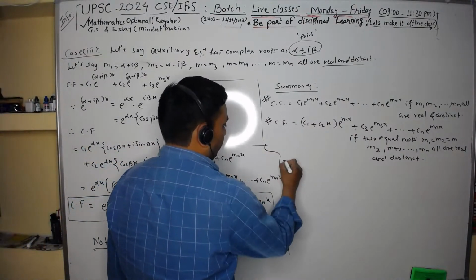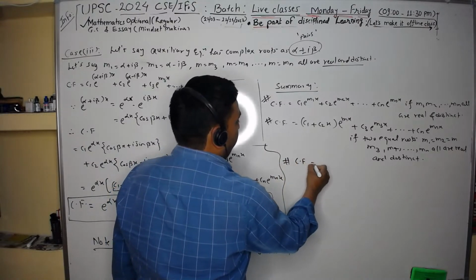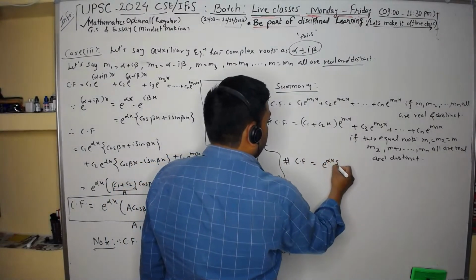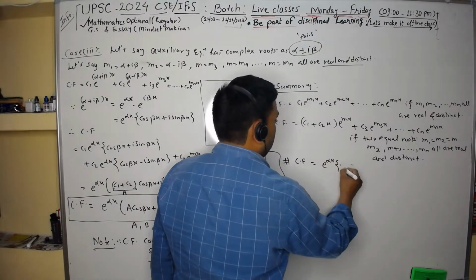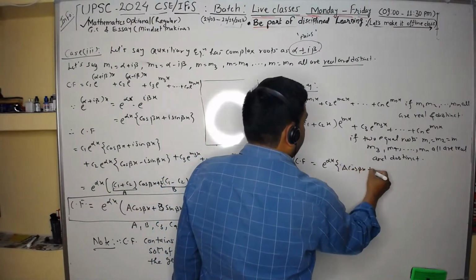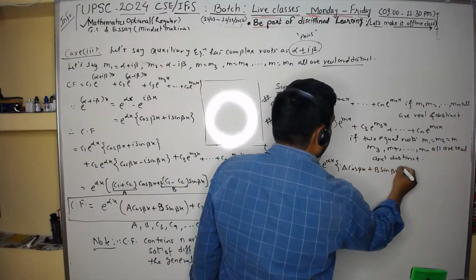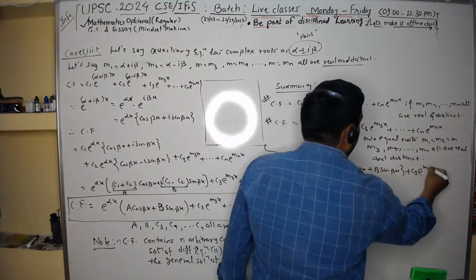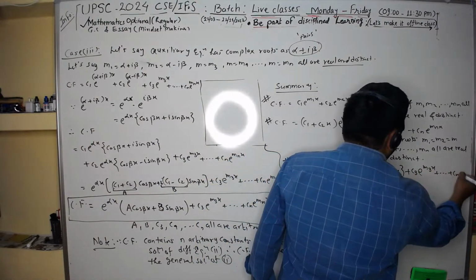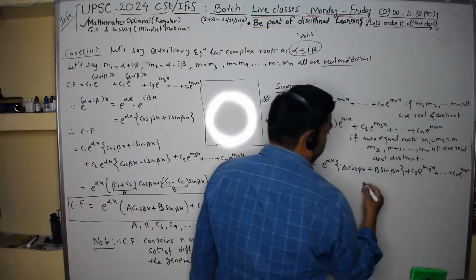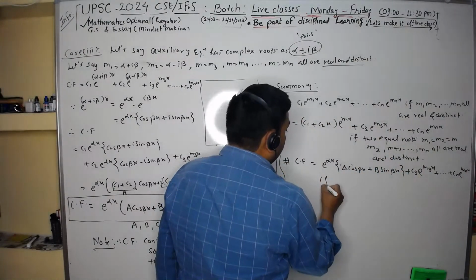Third, CF will be e raised to the power alpha x, a cos beta x plus b sin beta x plus C3 plus Cn e raised to the power mn x. When?